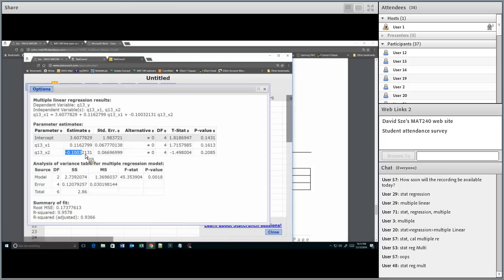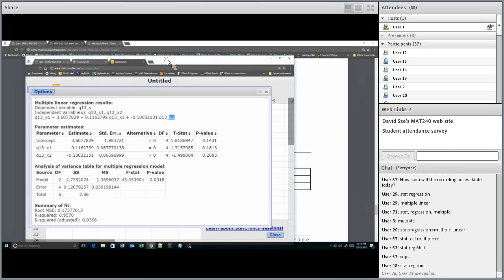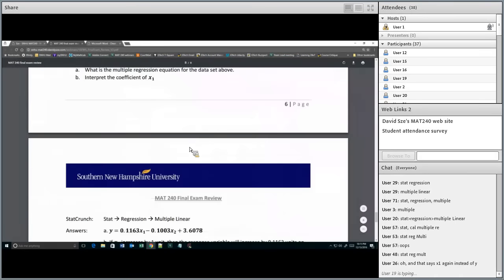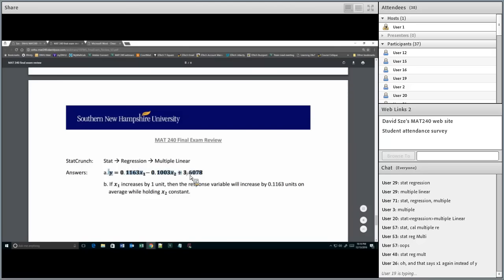And the equation, if you want to type it, is given here as well. So x1 has a slope of 0.116, which is the same here. x2 has a slope of negative 0.100, which is the same slope here, and here's the intercept. This is a very, very simple problem as it is given. And so once you type it, it's going to look like this.